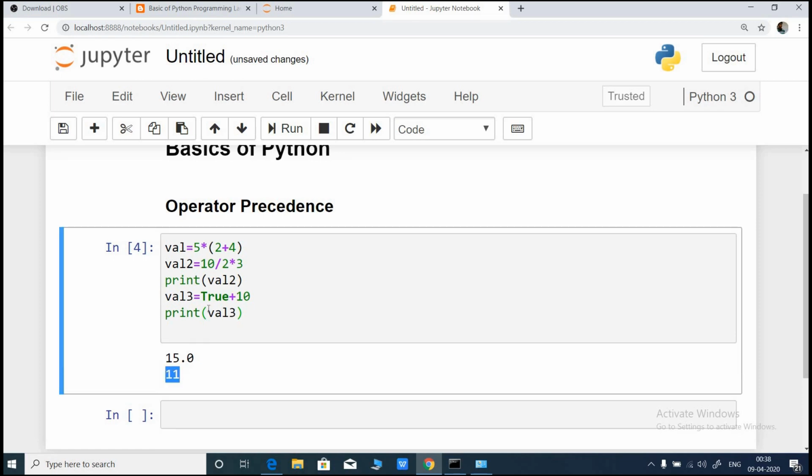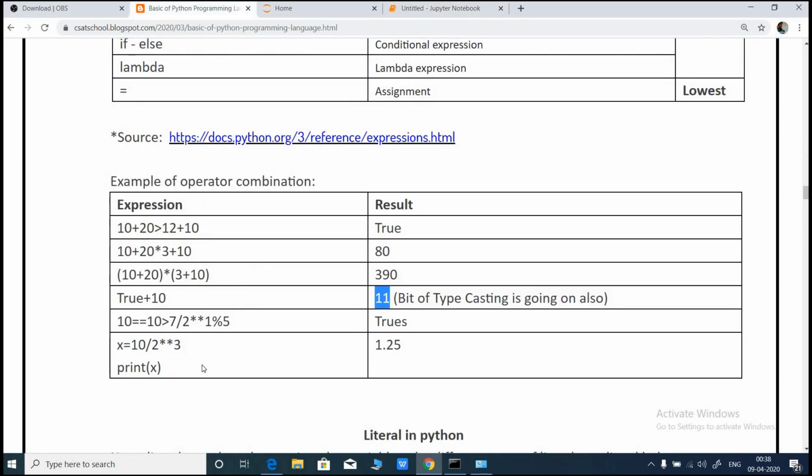This is not entirely about operator precedence, it is more about typecasting, where the truth values are being typecast into integers. As in binary, True is considered as 1 and False is considered as 0. So True gets cast to 1, and 1 plus 10 is 11. That's how the examples work here. Does it make sense? Hope it makes sense.